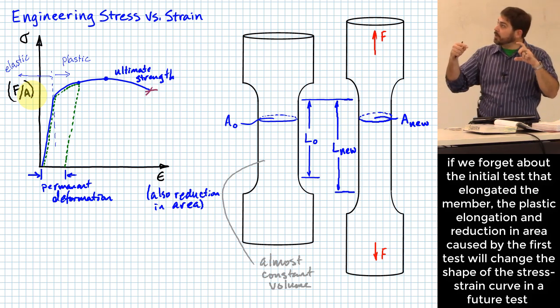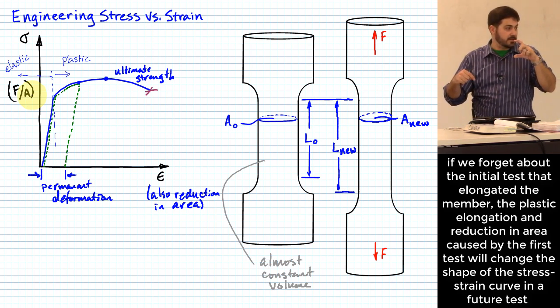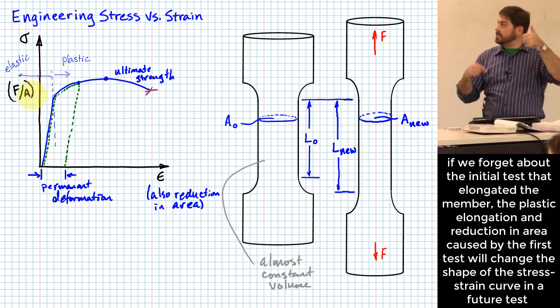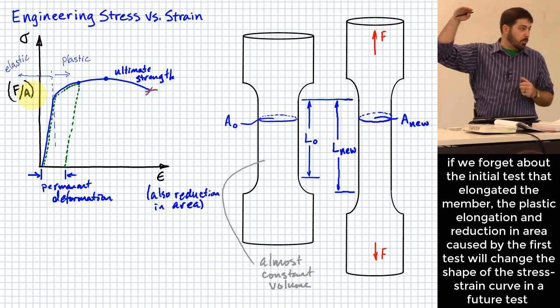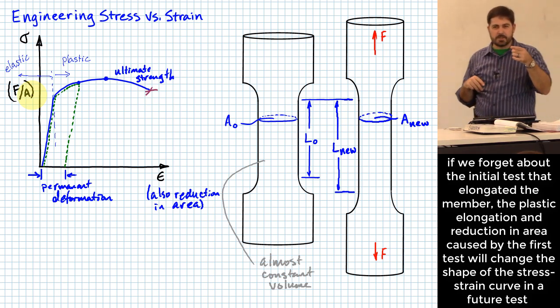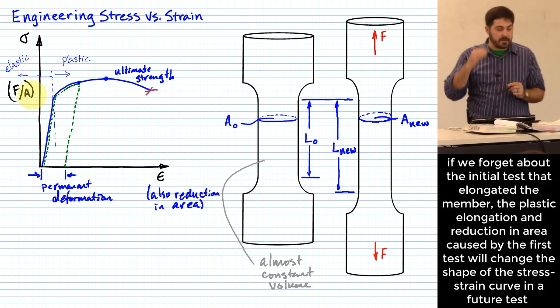Okay, area will have gone down. What is that going to do to the amount of stress that I calculate? It goes up, right? So that's kind of interesting. Stresses are going to now look larger than they did before because that amount of area has reduced. Anything else change? What's the calculation for strain?